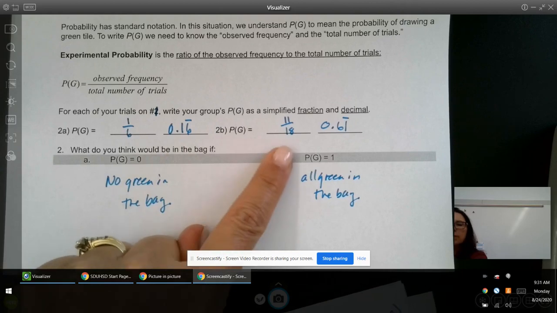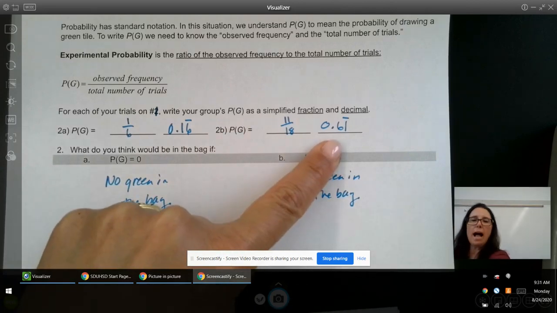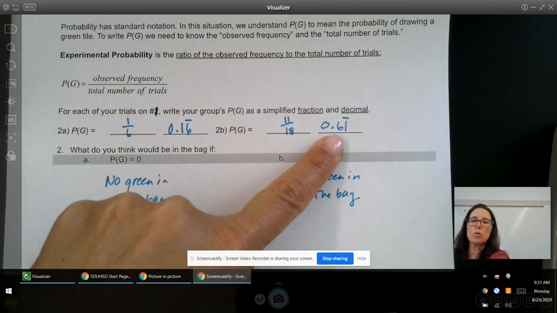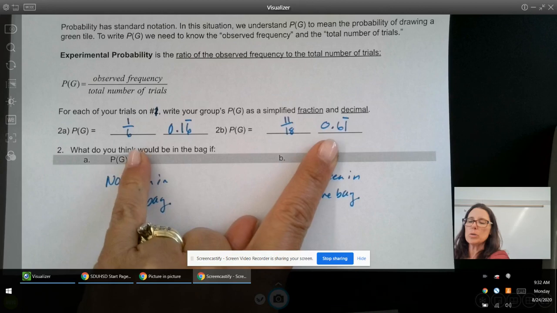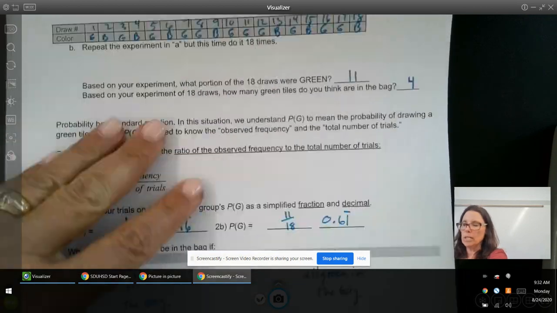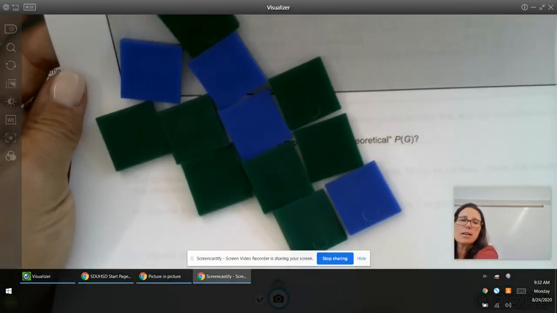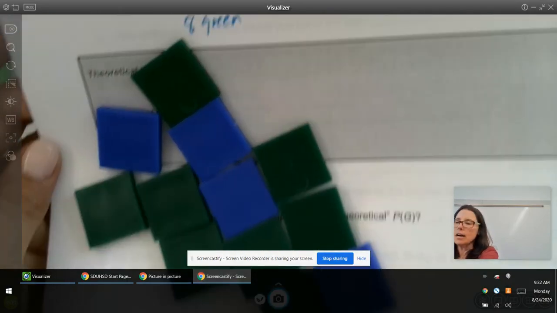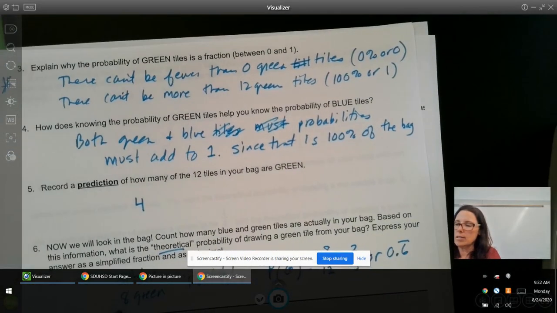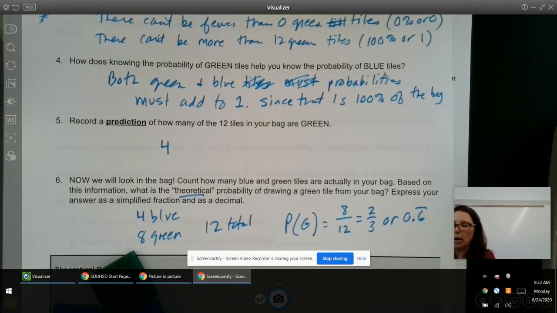But when we took that up to 18 grabs, wow, that was so close to what actually is in the bag. Both of these were different experiments, and these are experimental probabilities. And then we looked in the bag to see what actually was in there, and we got the theoretical probability.